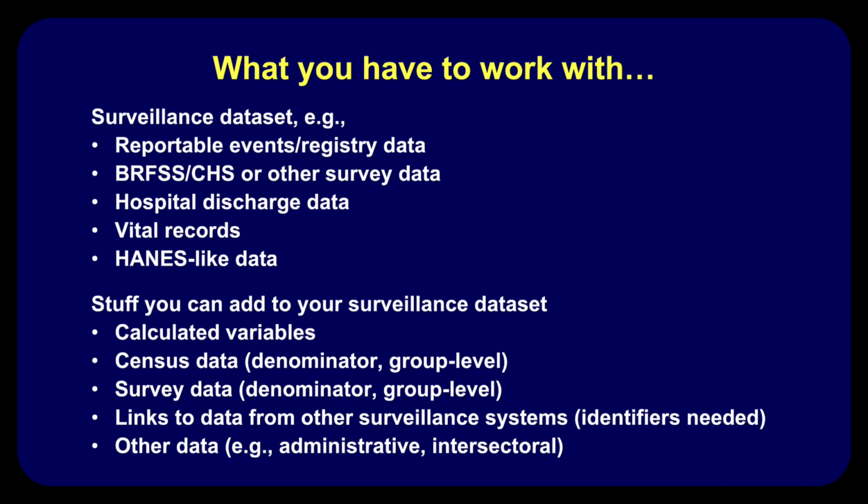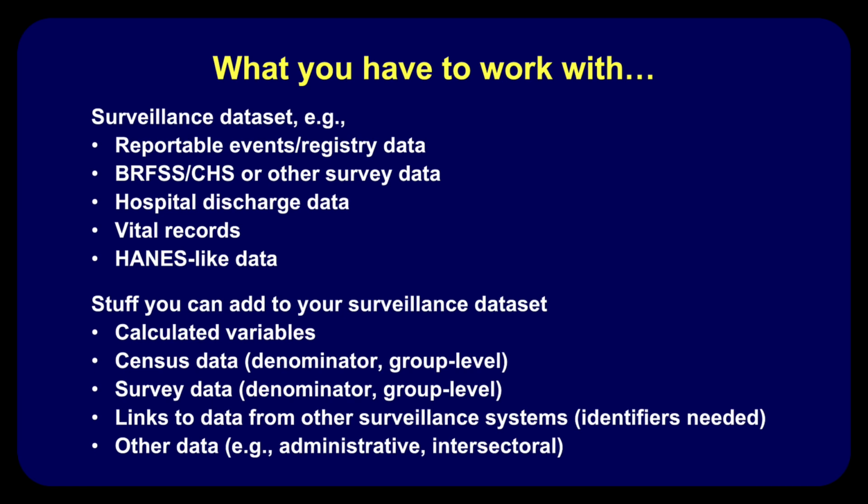And sometimes you'll have NHANES-like data, so NHANES or CHANES, where there's not only just questionnaires and interviews, but specimens that have been collected for laboratory analyses and also clinical examinations that have been done. So these are often an example of the kinds of data sets that you'll have to work with.